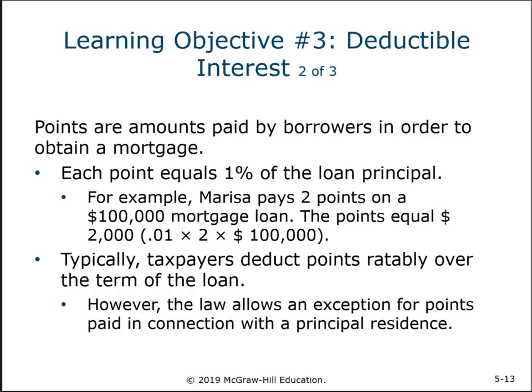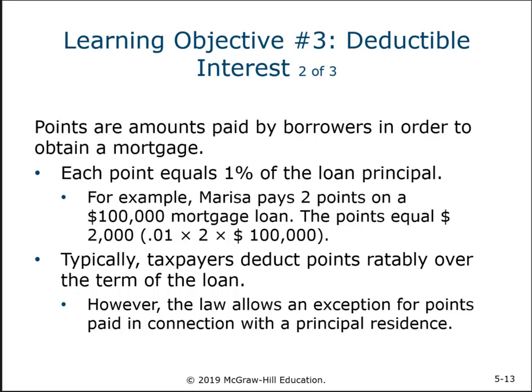Points. What are points? Typically, it's prepaid interest. It's amounts that you pay when you take out your loan to buy your house. All right. The typical idea is with points, you're paying interest up front, but it's really not deductible until you've used it over time.